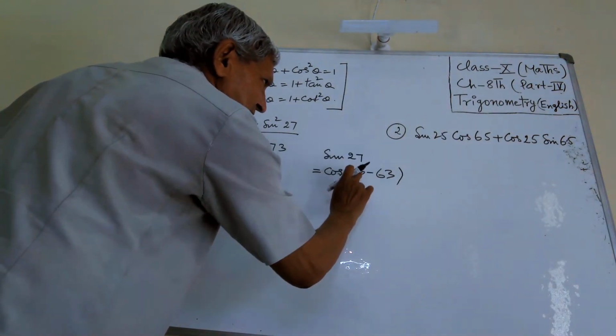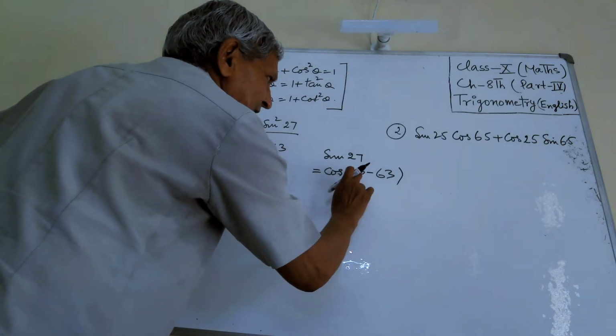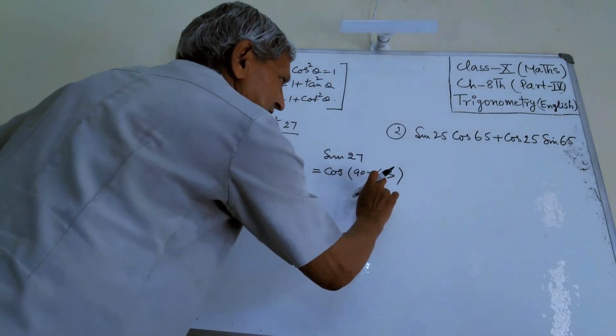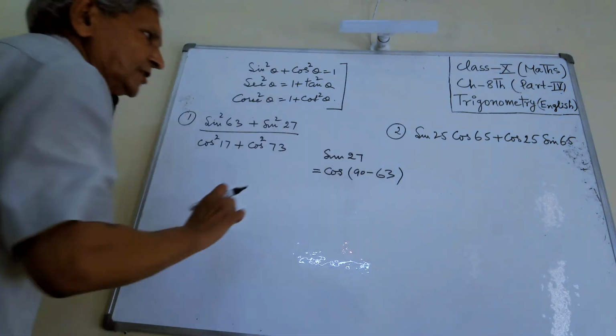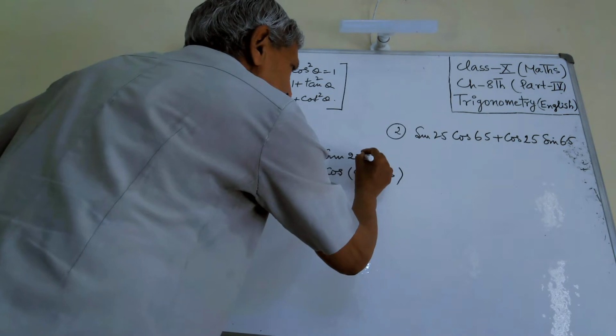If we subtract any angle from 90, sin changes into cos, and the angle should be equal to 27. There should be no change in the angle.